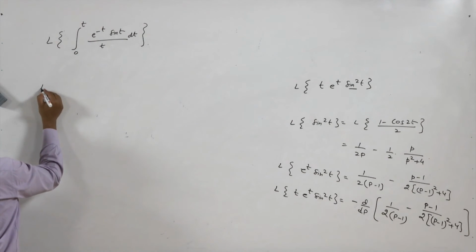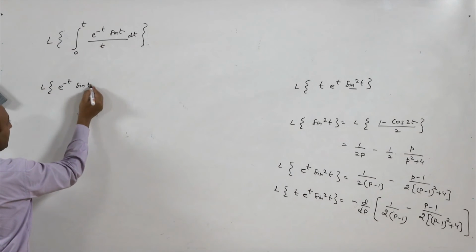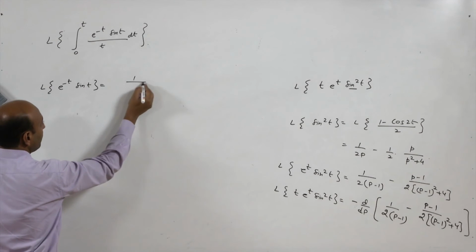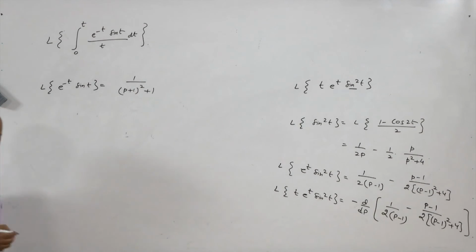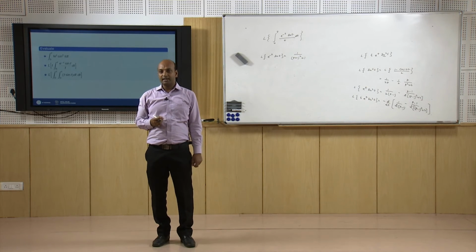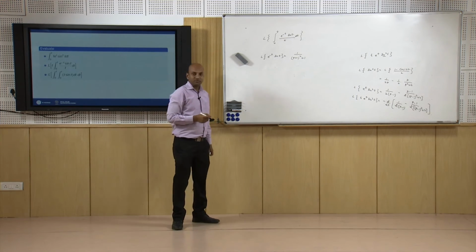So, Laplace of e to the power minus t sin t will be nothing but 1 upon (p plus 1) whole square plus 1. Okay, because Laplace of e to the power a t f t is F of p minus a, and here a is minus 1.